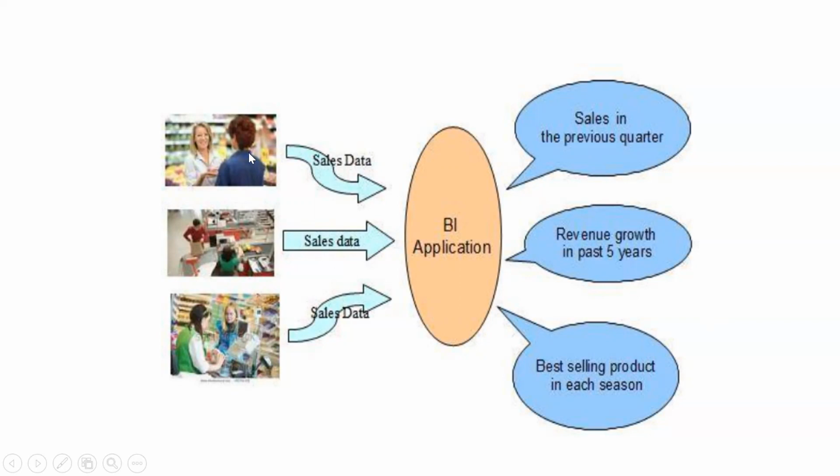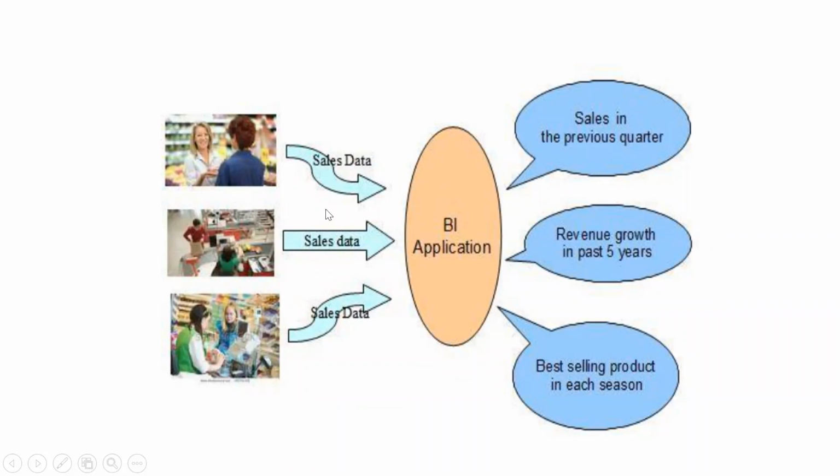They are having different sales outlets, meaning different outlet counters are there. You can see in the pictorial diagram, first, second, third, three diagrams are there. So from all of the three, we are collecting data. Those are sales-related data or any other data related to the outlets as well.